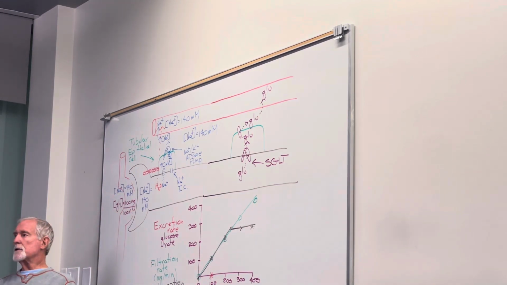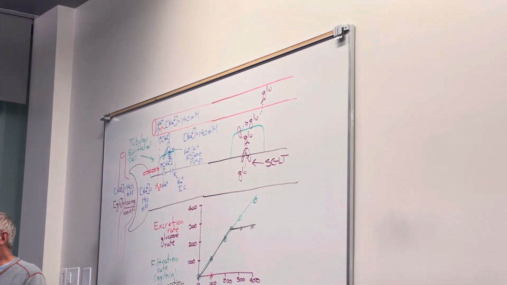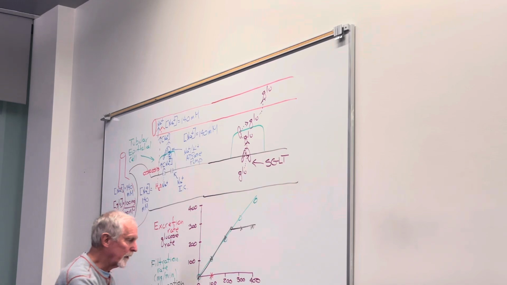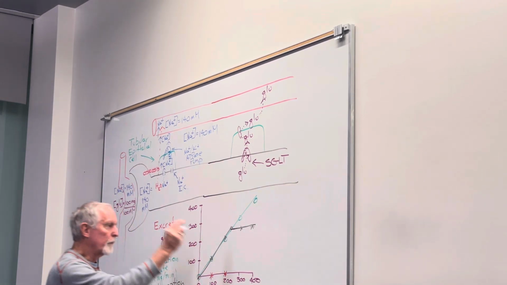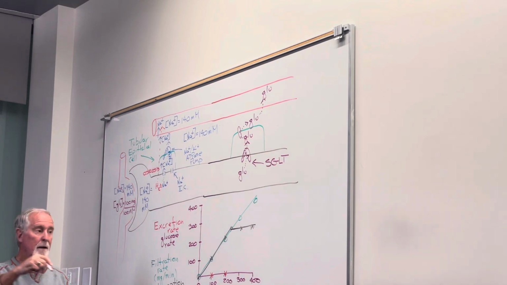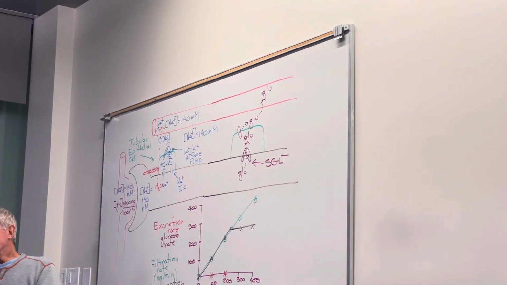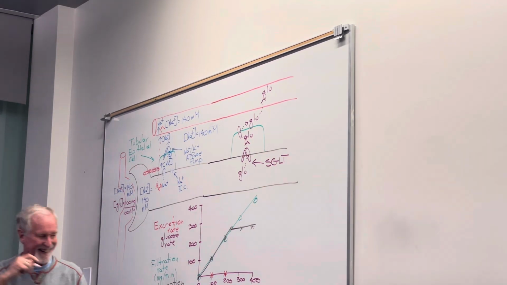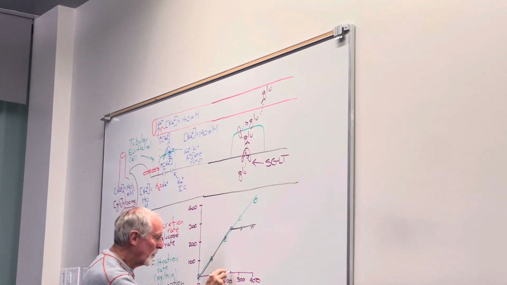If the concentration of glucose in the blood is 200 milligrams per 100 milliliters, the excretion rate is going to be 0. Very good. If it's 250 milligrams per 100 mLs, it will be 0.